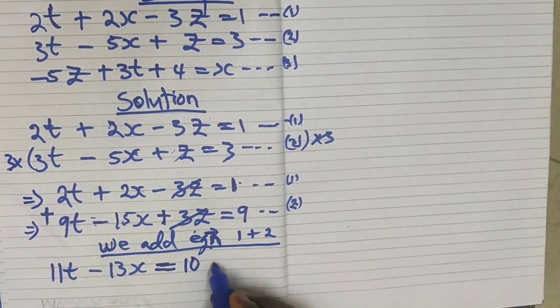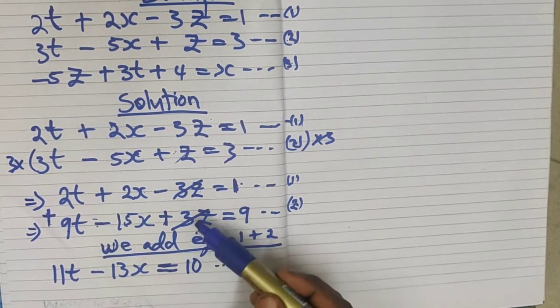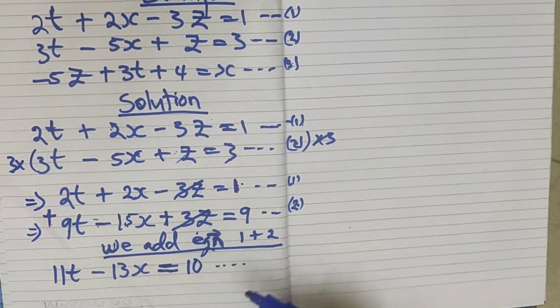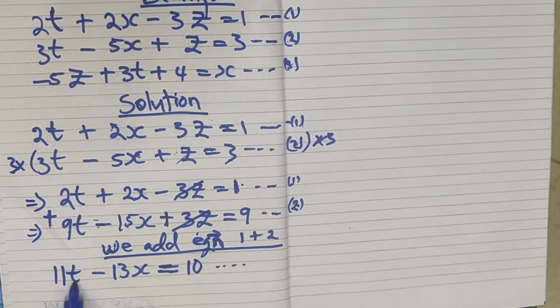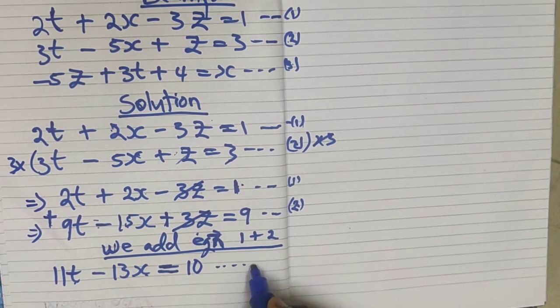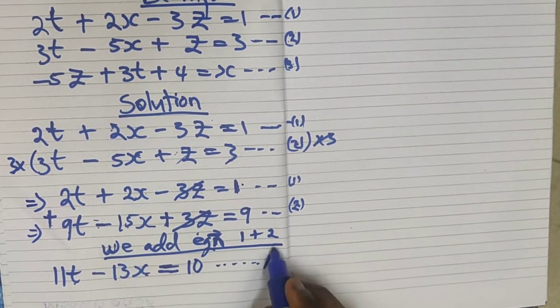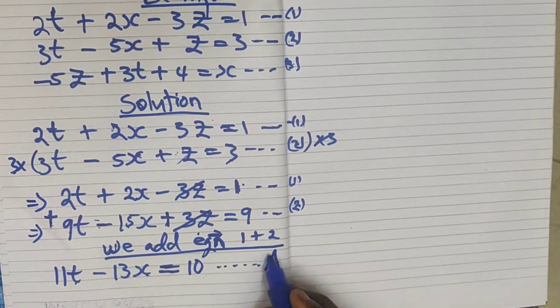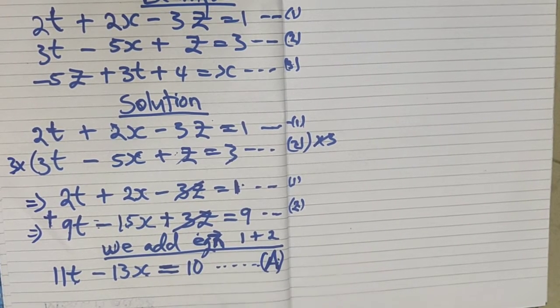Now, as you can see, we have eliminated one of the variables, z. So we have already variables t and x here. So we are going to name this, let's say, equation A. It is our new equation A.